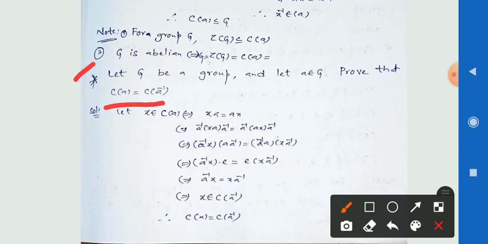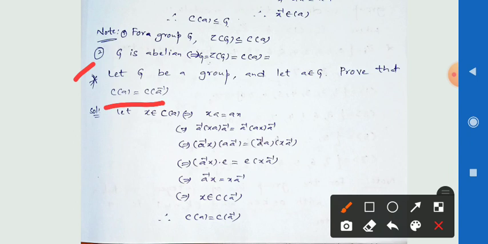Therefore we have to show that C of A is equal to C of A inverse. I take an element belonging to C of A, and show that it also belongs to C of A inverse.